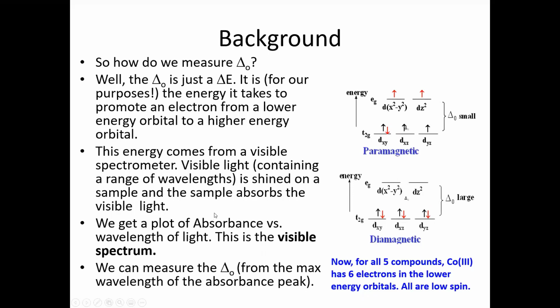If we have the absorbance versus wavelength data from the compound, we can look at the maximum absorption peak. That wavelength has to fit the energy difference here. Then based on the absorption maximum, we can calculate the energy difference.